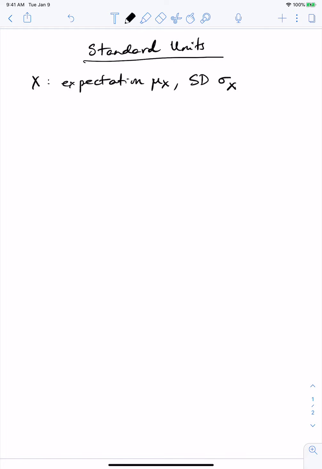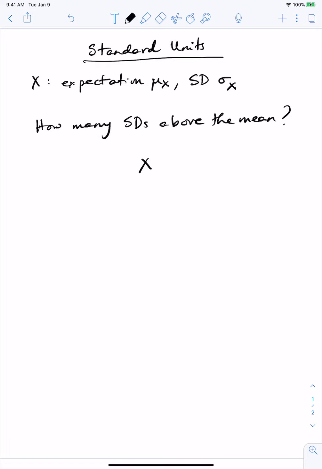The most important linear transformation, the most important change of units of measurement, is conversion to standard units. Recall from Data 8 that standard units answer the following question: how many SDs above the mean is your variable?